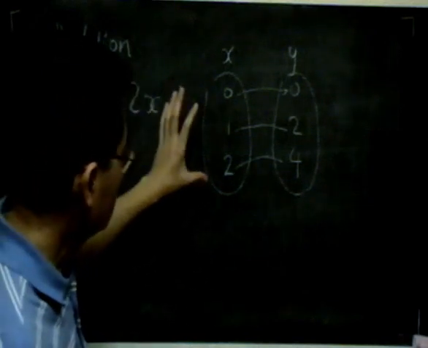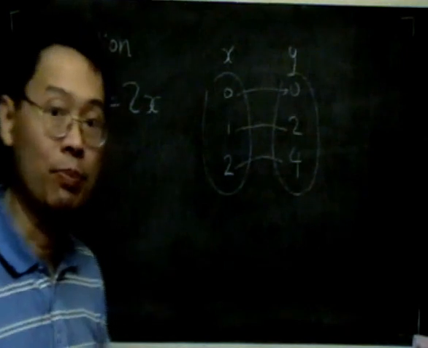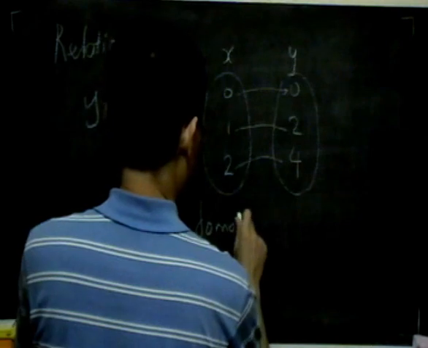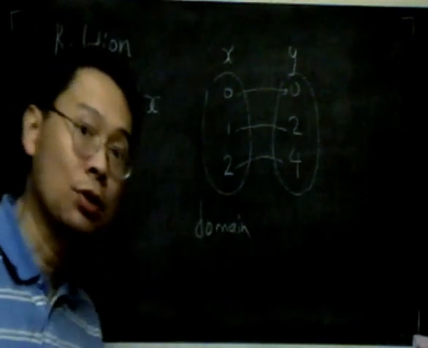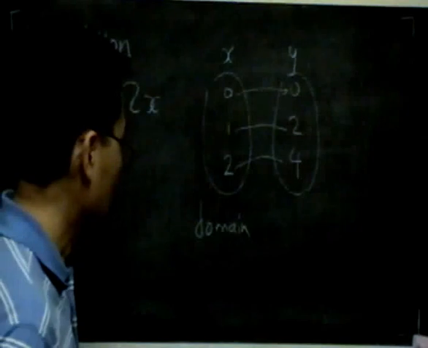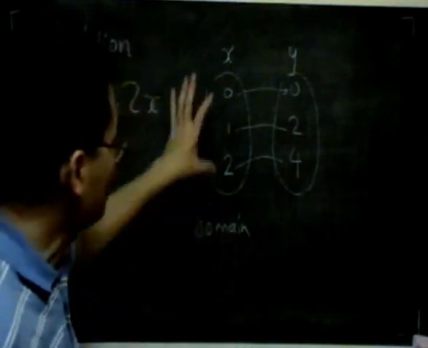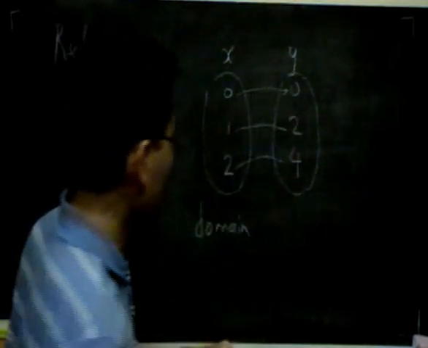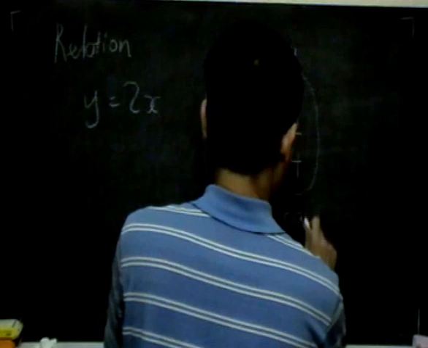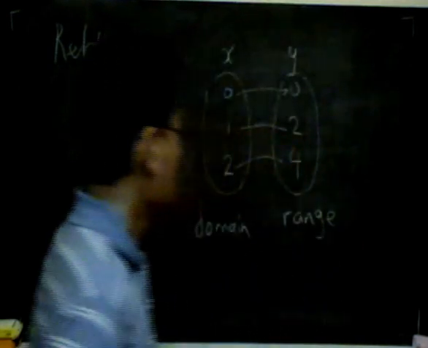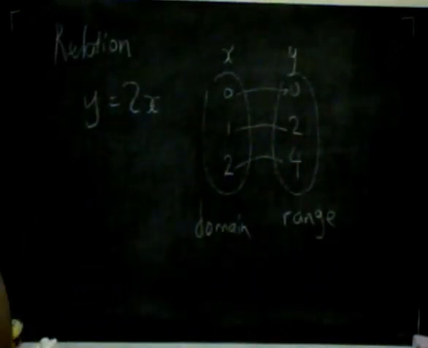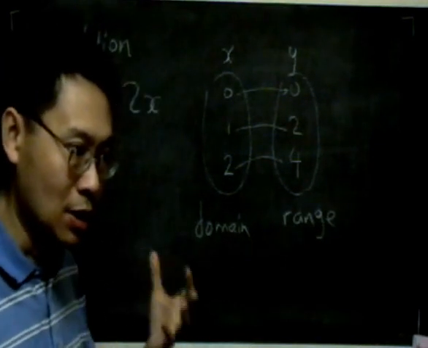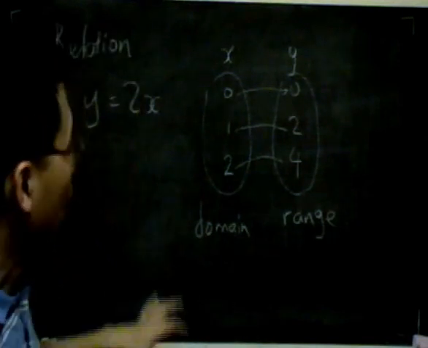I would give this set of values of x a name. This is called a domain. It's not really given by me, but it's how it is named in mathematics. The first set of numbers is called a domain, and the second set of numbers is called a range. So there is, in the mathematics of relation, some idea about ordering, alright?